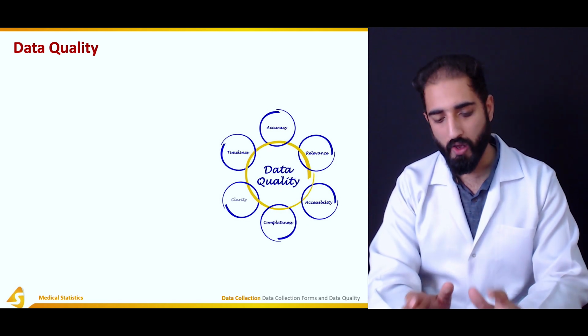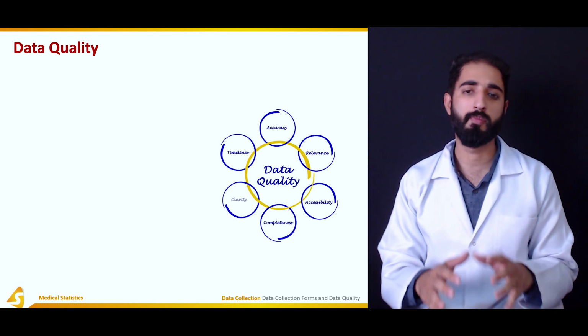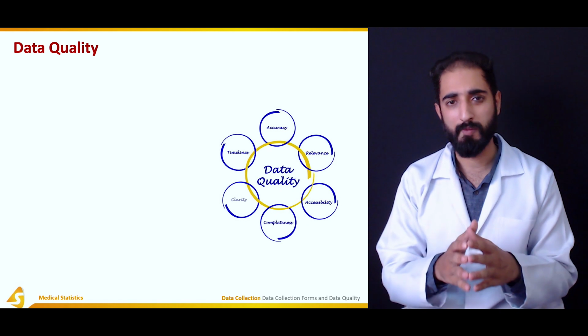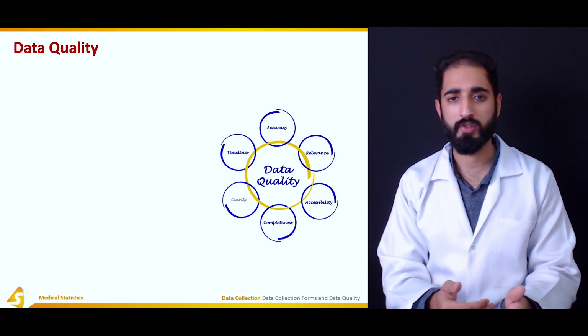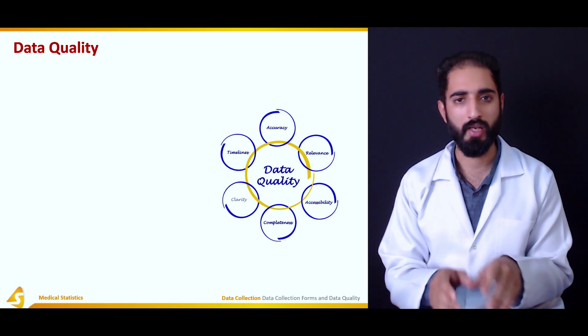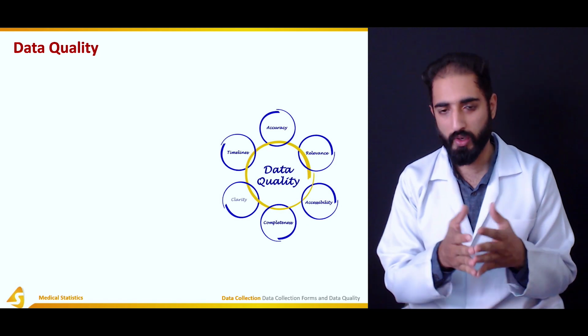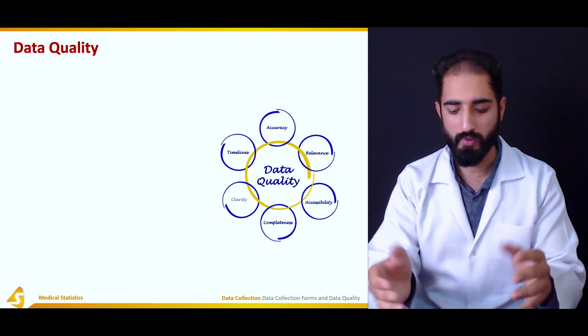So always focus on the data collection, because I personally perceive that this is the most important part of the research. It is also the most difficult, but it is also the most meaningful, because the research is nothing without the data. You cannot do the analysis without the data, you cannot do the results without the data, you cannot write the manuscript without the data. So that is very important.